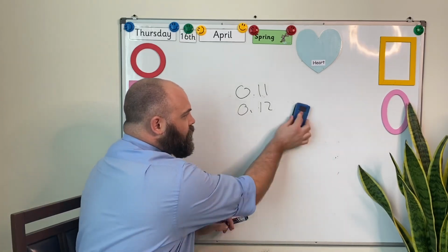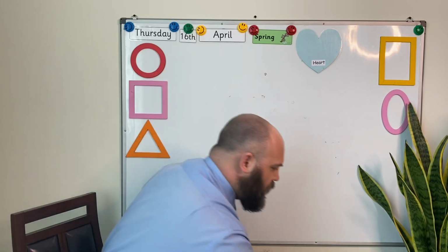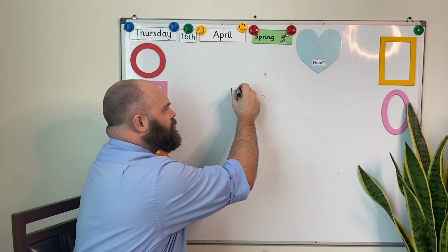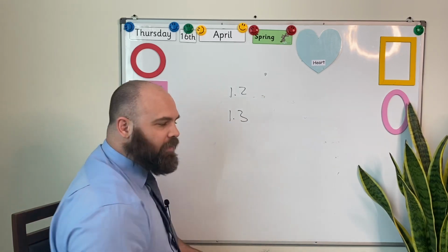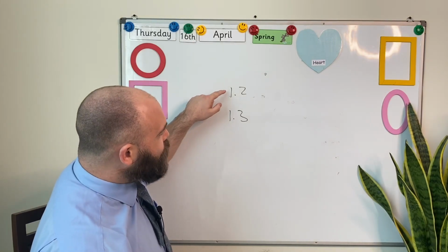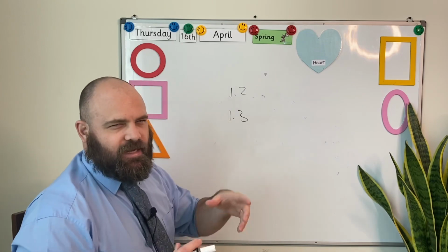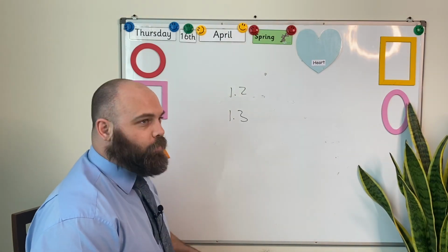So a question that I asked a few people on our online chats was, if I had 1.2 and 1.3, could you give me a number that is between 1.2 and 1.3? And when I say between, it obviously means bigger than 1.2 but smaller than 1.3.